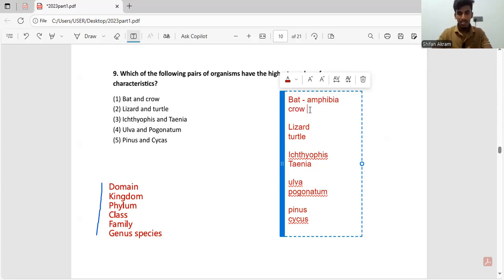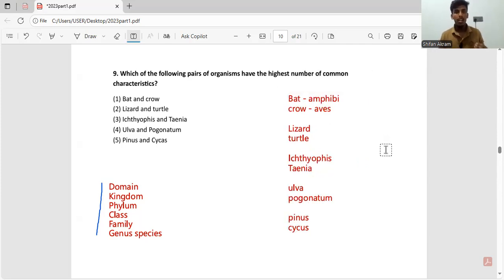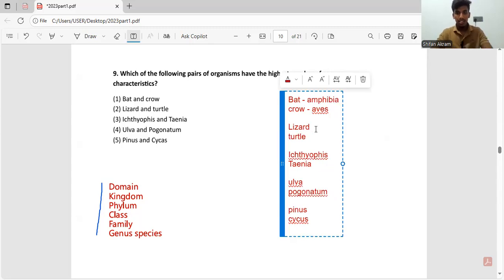Crows belong to class Aves. So even though they are in the same phylum, they belong to different classes. So they don't have the highest number of common characteristics. Then second, we have lizard and turtle. Both lizard and turtle are from phylum Chordata and they are from the same class too. The class is Reptilia.